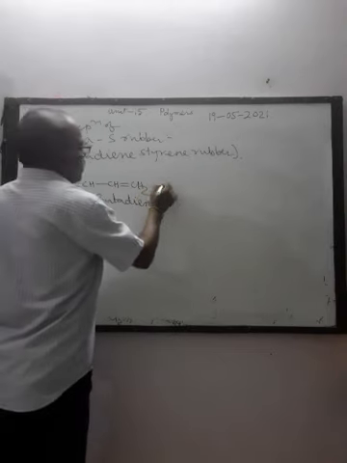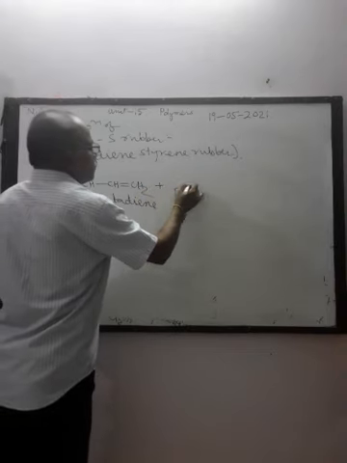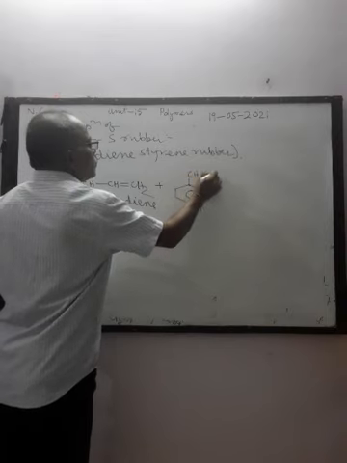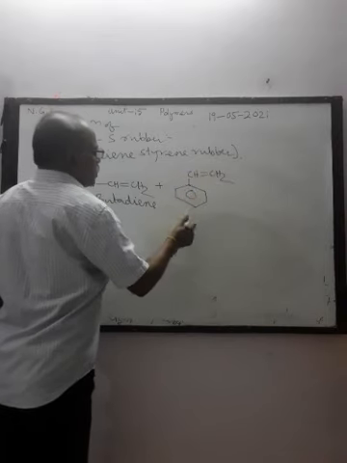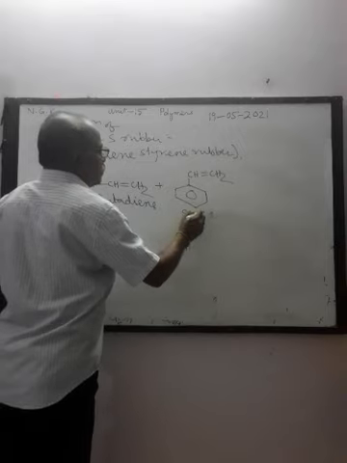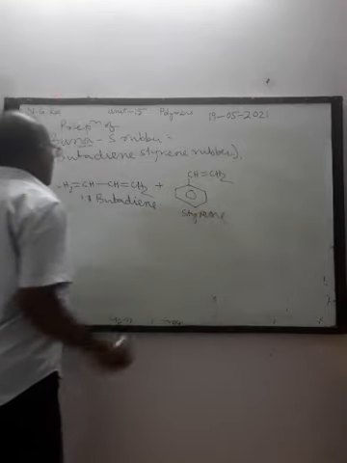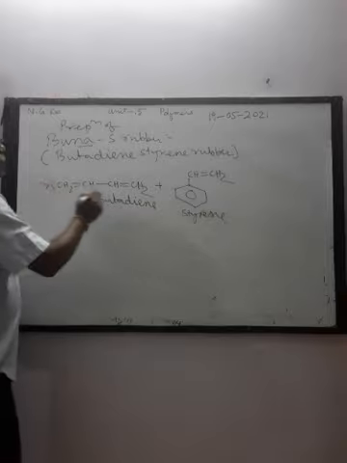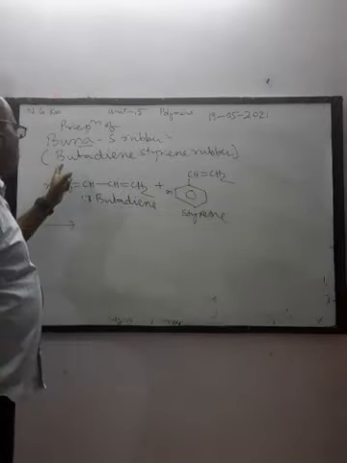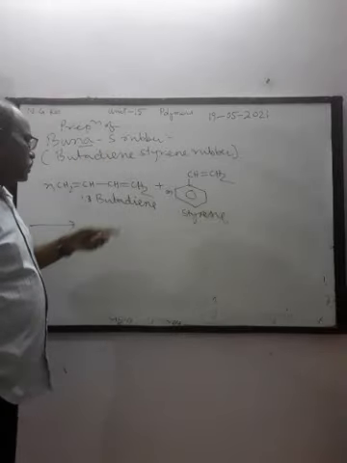And the second compound is styrene. So this is the structure of styrene. So butadiene reacts with styrene to form our product, which is known as Buna-S rubber.